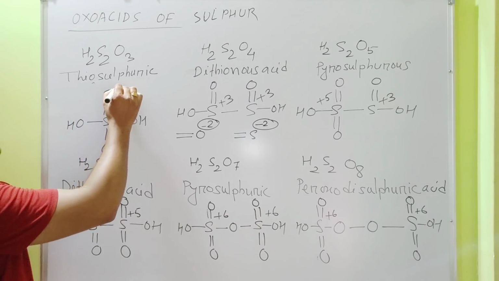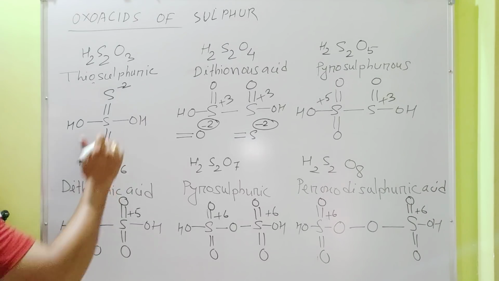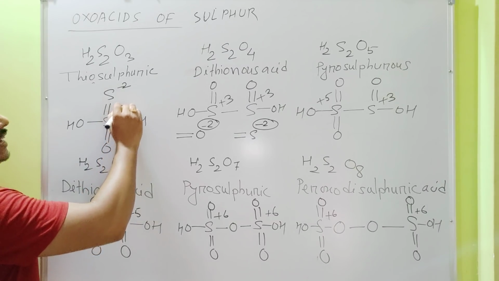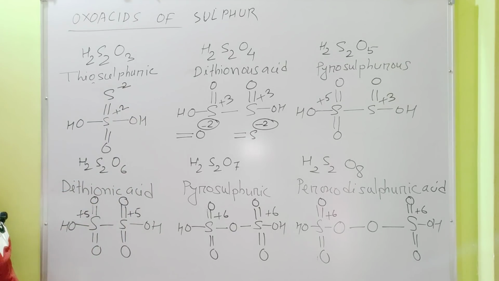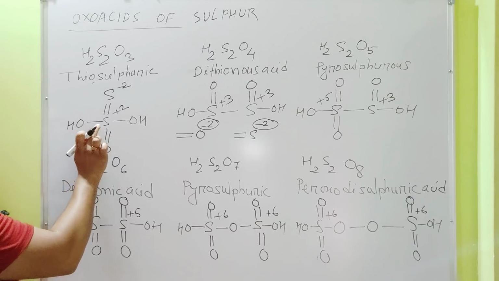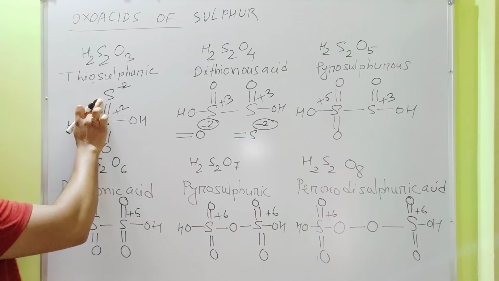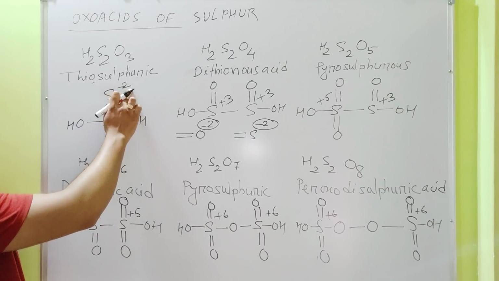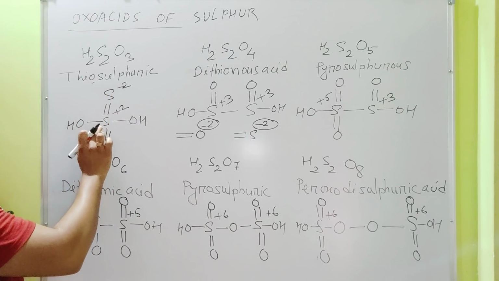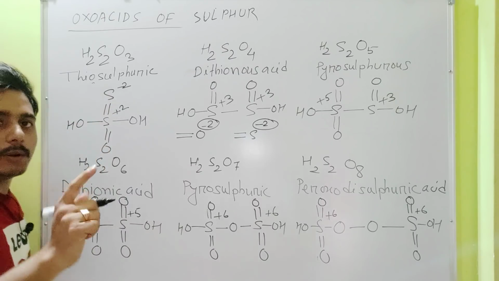The terminal sulfur atom always gets -2 oxidation state, and the central sulfur gets +2 oxidation state. In this case, this is the central sulfur, and central sulfur gets +2 oxidation state, and the terminal sulfur gets -2 oxidation state if the central sulfur is connected to the terminal sulfur by double bonds.